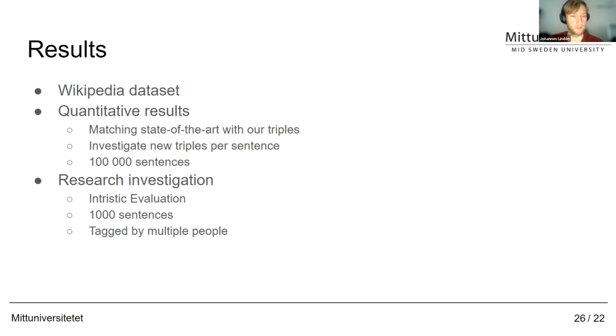And also a research investigation has been conducted, where we have manually evaluated 1,000 sentences, with several people, and conducted more of an accuracy sort of evaluation on these fewer sentences.